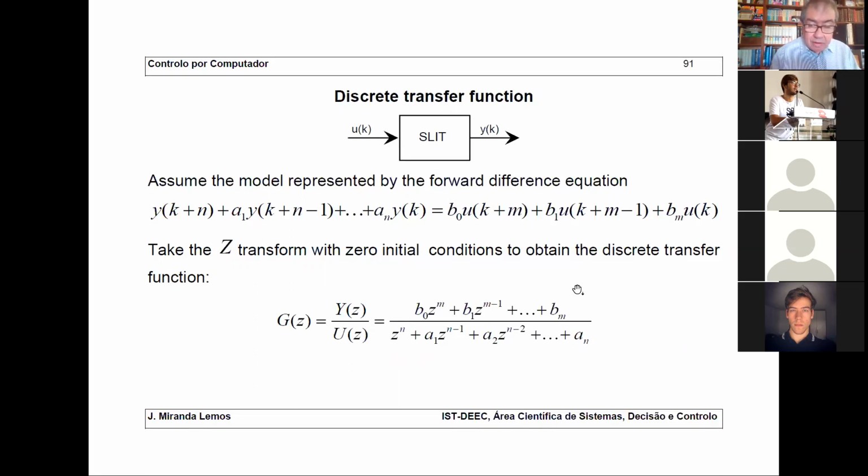And this is the transfer function. If you want a definition, the discrete time transfer function is the quotient of the z-transforms of the output and the input with 0 initial conditions. Don't forget the story of the 0 initial conditions. Same thing as you have studied in continuous time with the Laplace transform.